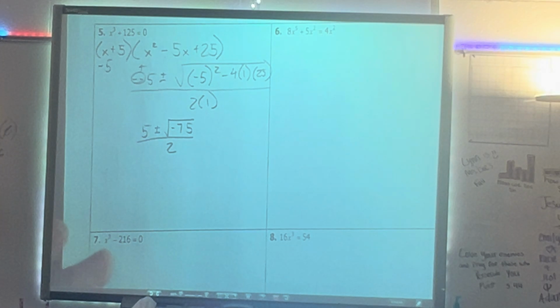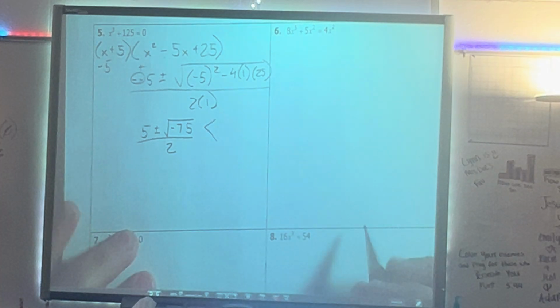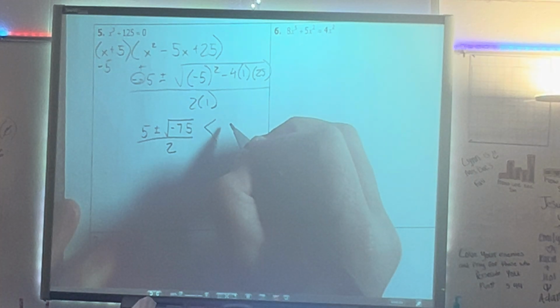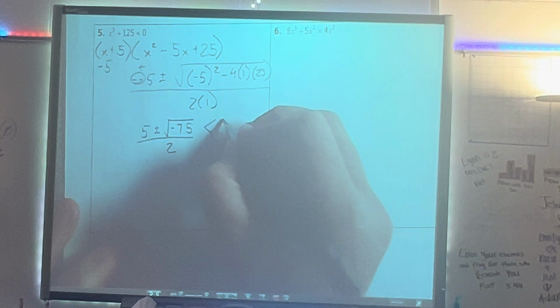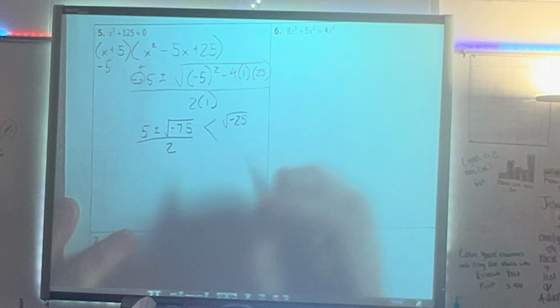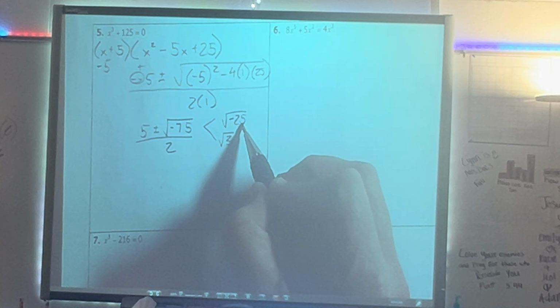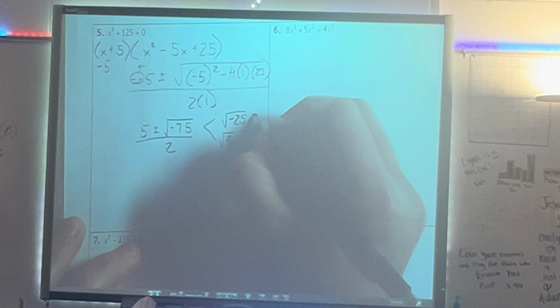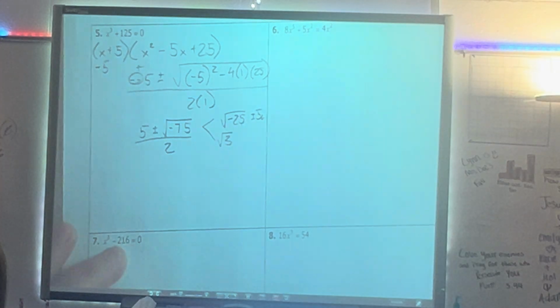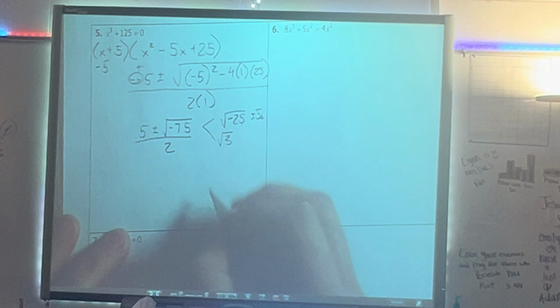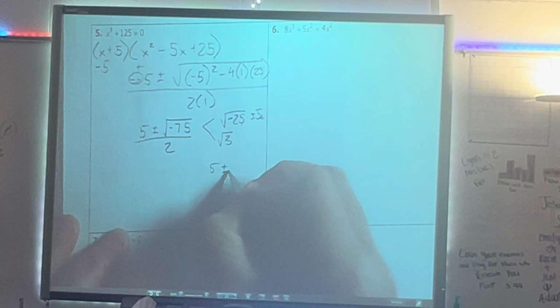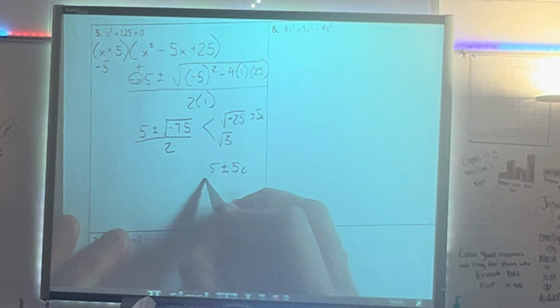How's it split? What perfect square goes in there? 25. 25, and I'm going to put the negative with the 25, and the 3 stays. All right, so when I have negative 25, that's going to be what? Plus or minus 5i. Everybody okay there? Okay, so I've got 5 plus or minus 5i square root of 3 over 2.